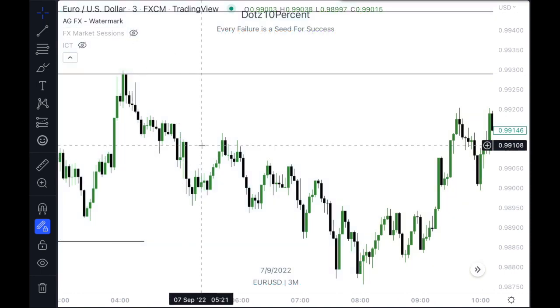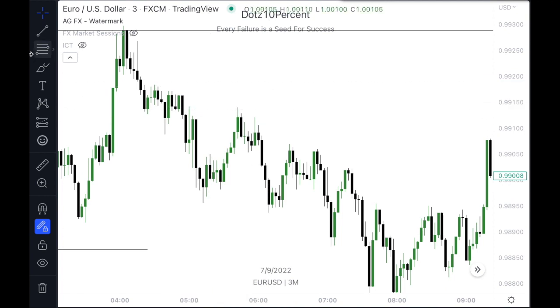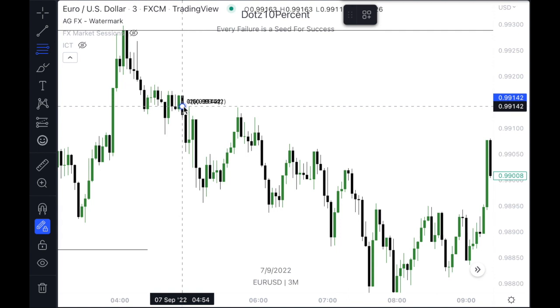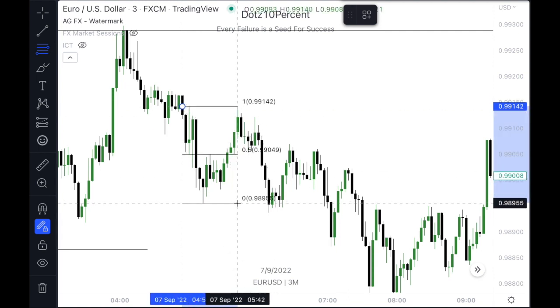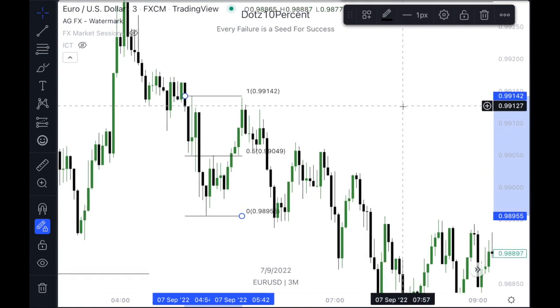If I just turn this off for a second. Okay, yeah. So that's a little bit clearer. So the way I would have tried to do it once this market structure shift occurred is probably short from here. Now, look, this would have worked, right?